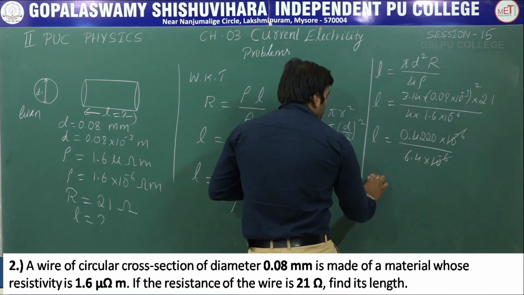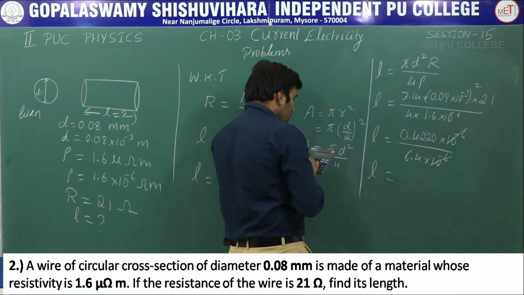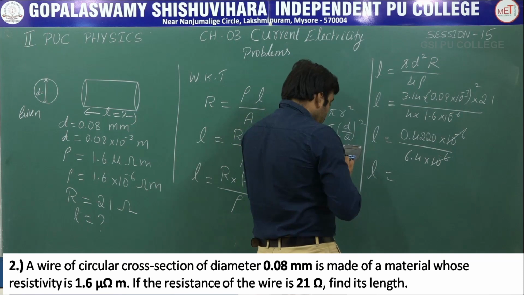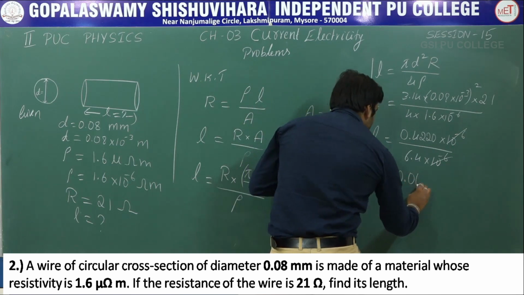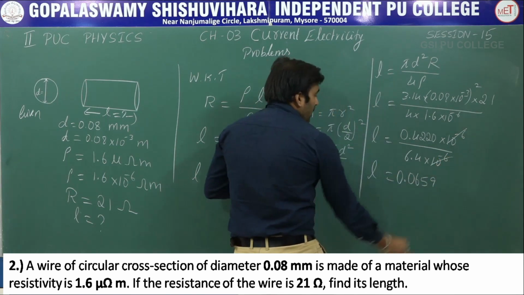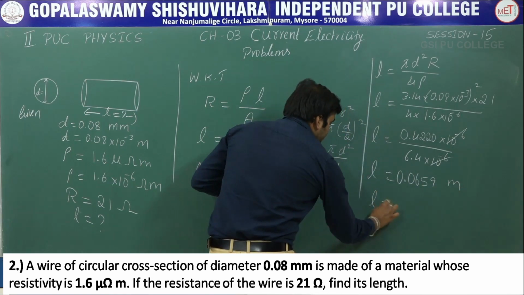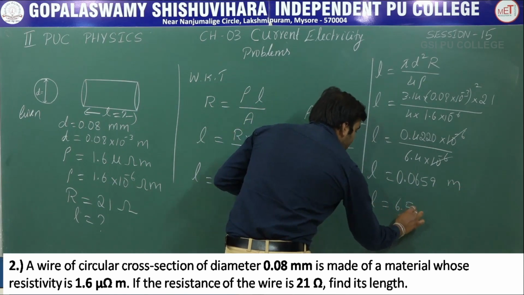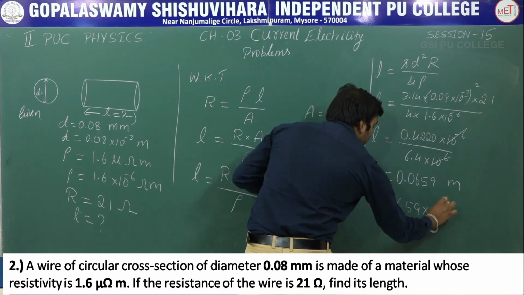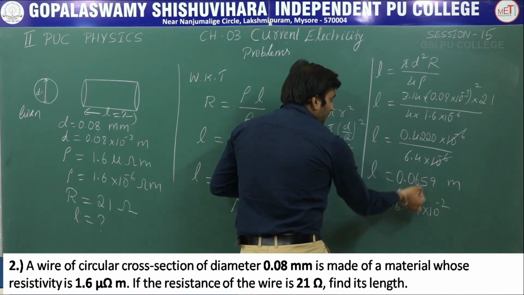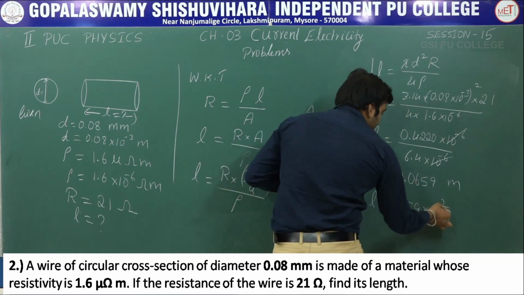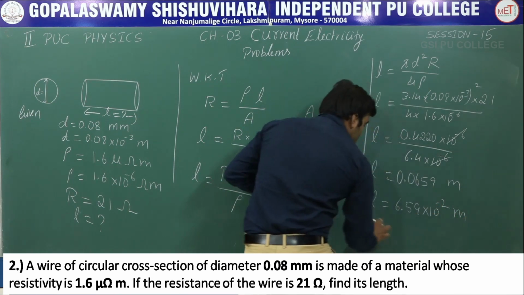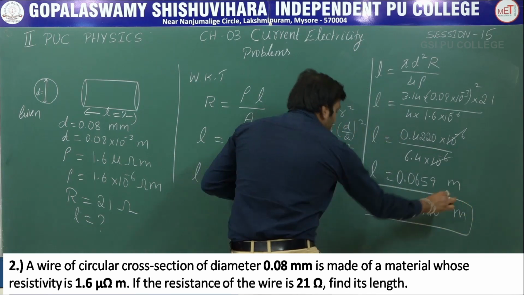Let us cancel these two and divide these. 0.422 divided by 6.4. So we got 0.0659 meter, or else I can write this as 6.59 into 10 power minus 2. I have shifted the decimal point towards the right side 2 digits, therefore 6.59 into 10 power minus 2 meter. So we got the value of length as this much.